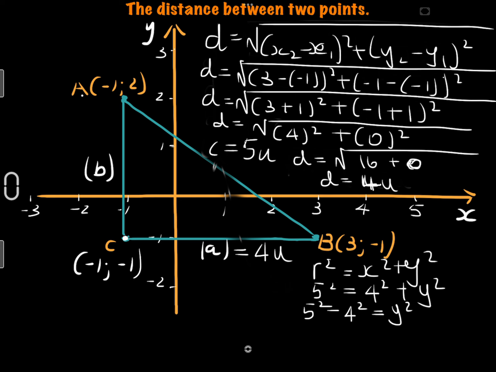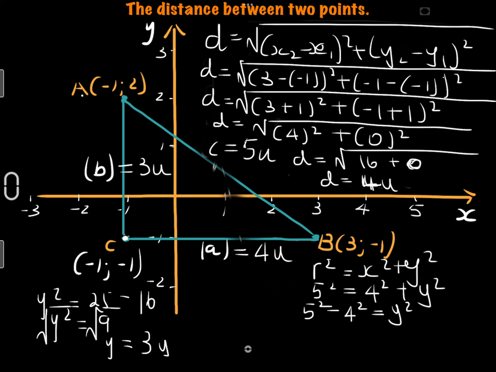So y squared is equal to 25 minus 16, which gives us 9. When you take the square root on both sides, the square will fall off. We remain with y, and the square root of 9 gives us 3. So we found y to be 3 units.